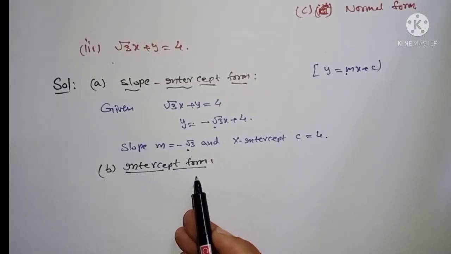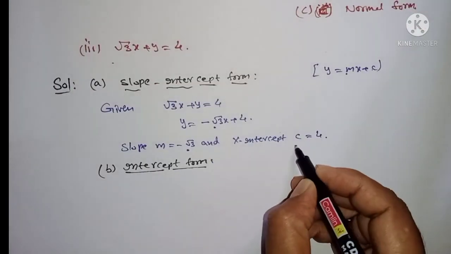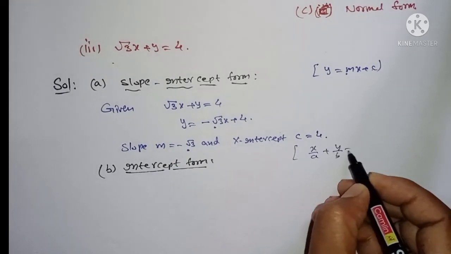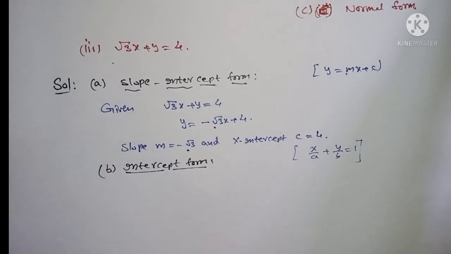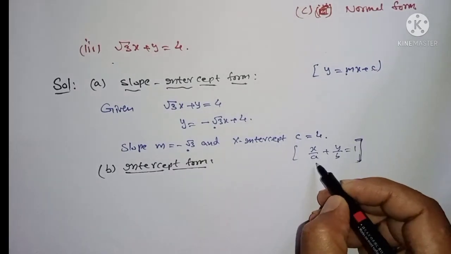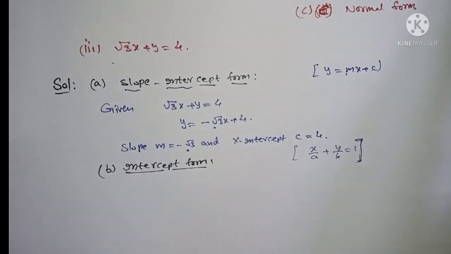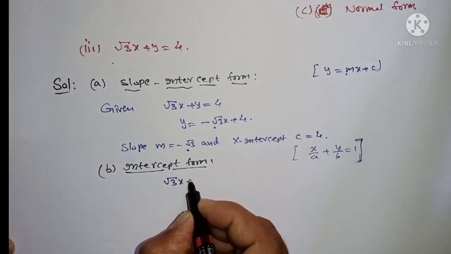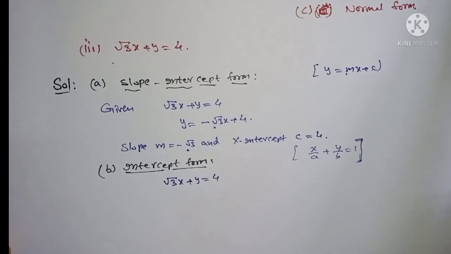B is the intercept form. What is the intercept form? x by a plus y by b is equal to 1. You can change the equation into the form x by a plus y by b is equal to 1. The given equation is root 3x plus y is equal to 4.